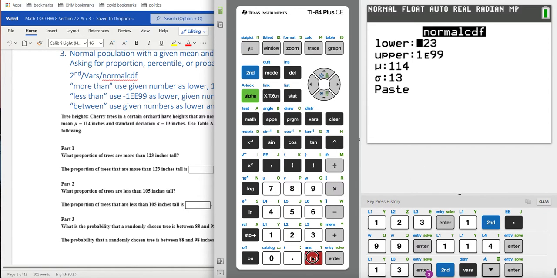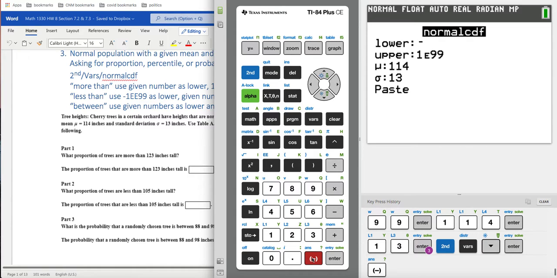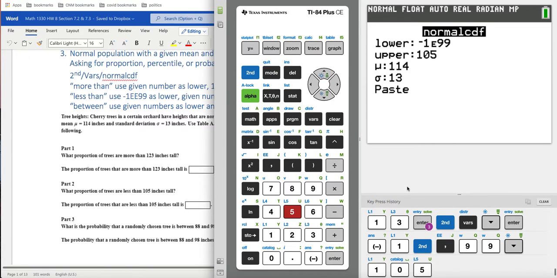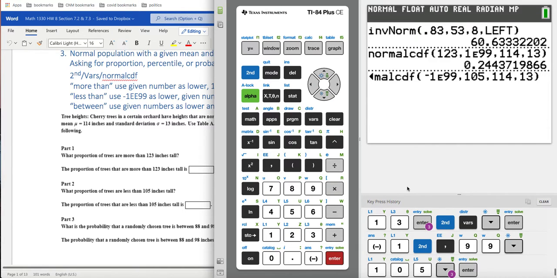So I've just been teaching it as always to use negative 1E99, even if that doesn't logically make sense, and 105, and then the mean and standard deviation stay the same.